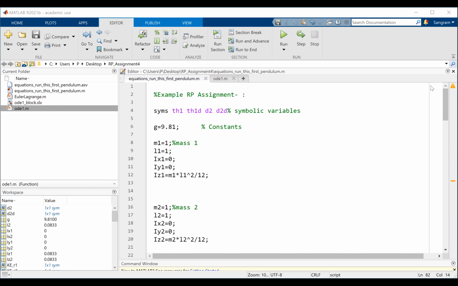Everyone okay with me? Next thing is I'm saying L1 is equal to 1. I need to clarify something here, and this point is important. In this problem it doesn't matter, but if you solve another problem which is more complicated, it matters.